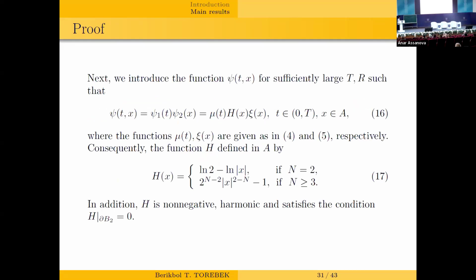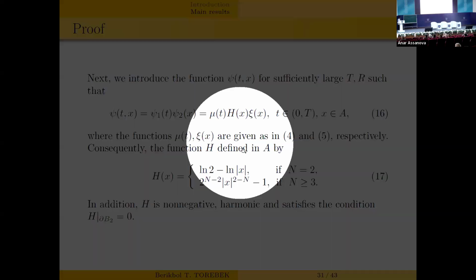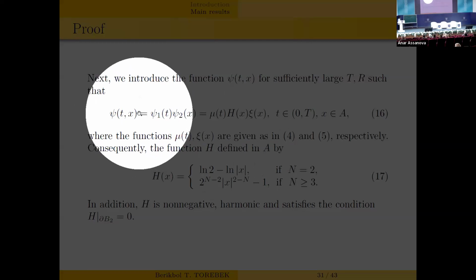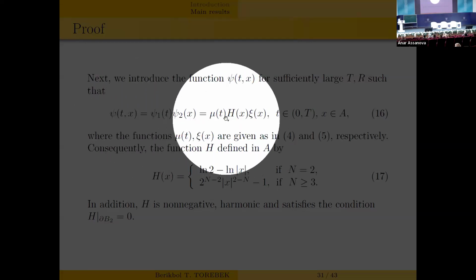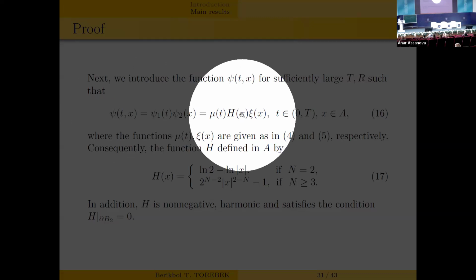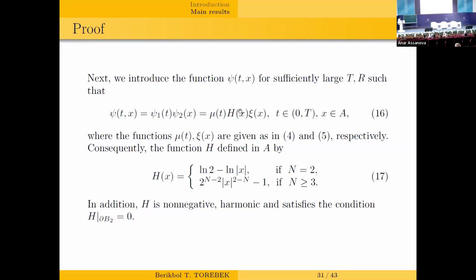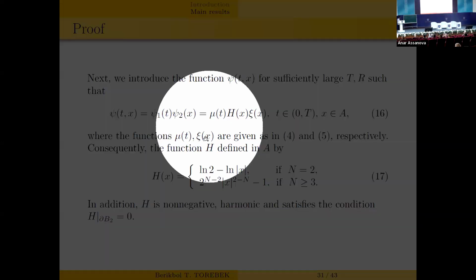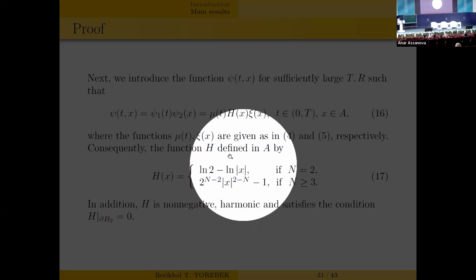And let us give the proof for the Dirichlet boundary condition case. For this reason, we consider this kind of test function, psi. Here we have this harmonic function, a little bit differently than the previous approach. The harmonic function has this kind of form.